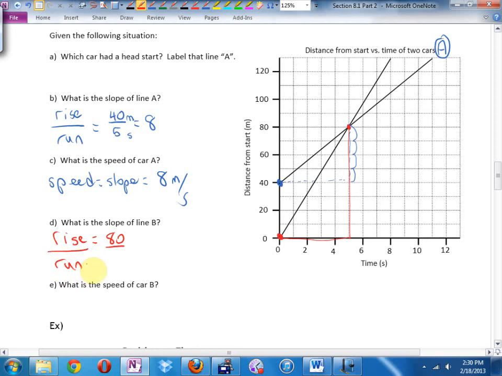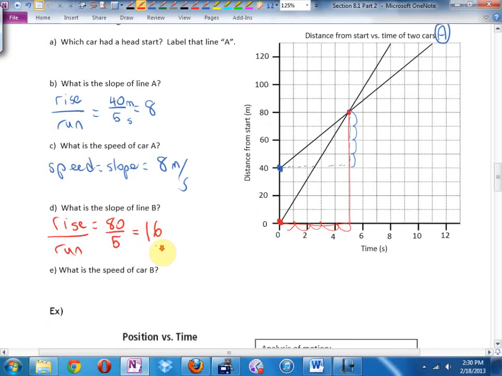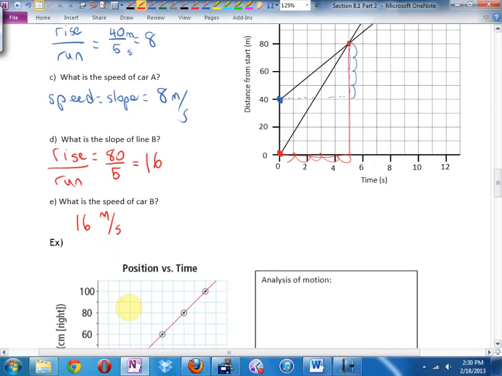The run is what? 1, 2, 3, 4. Run is also 5, yes? Hey, what's 80 divided by 5? 16. What's the speed of car B? 16 meters per second.